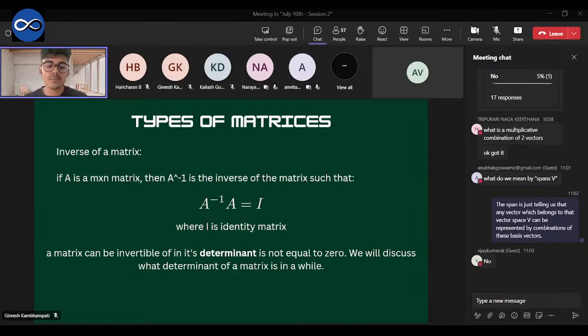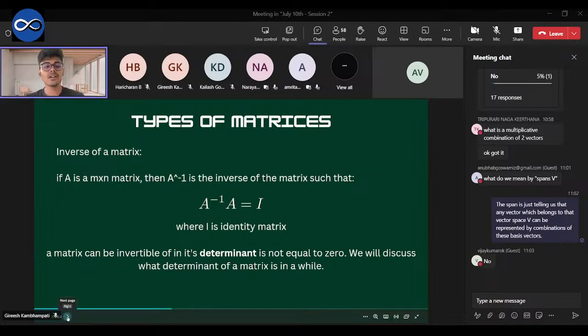What the inverse of a number really means is that if you multiply a number with its inverse, it will give us 1. Similarly, in matrices, the equivalent of this is that if you multiply a matrix with its inverse, you will get the identity matrix, which I talked of earlier, 1, 1, 1. So that is the inverse.